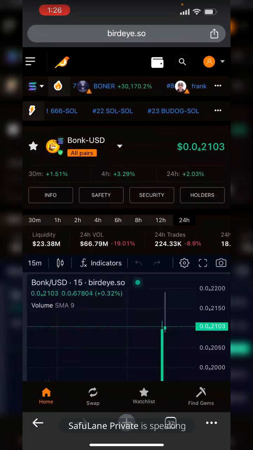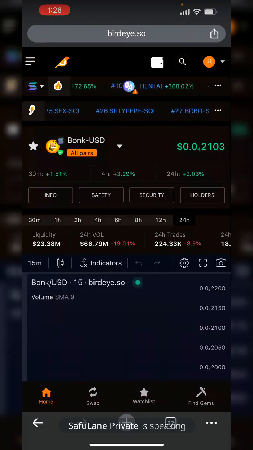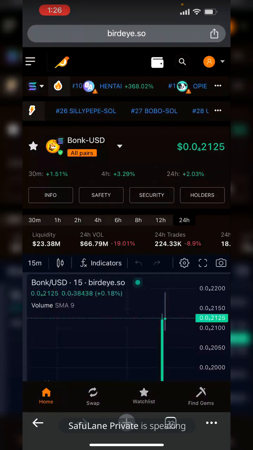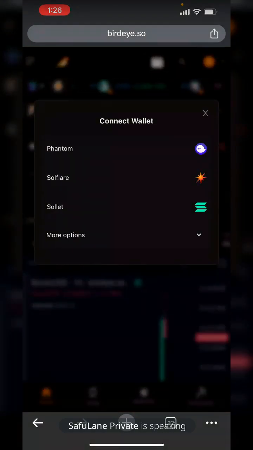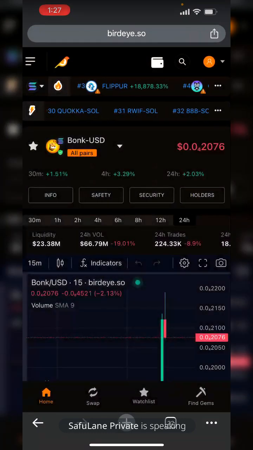You download Solflare, and you'll have a wallet you can connect with a site like this. Just go to the browser, paste this bedi link, then connect your wallet. It's as simple as that. You can also use Phantom, which is also good, but for me, I use Solflare. So let's see, what do we want to do here?